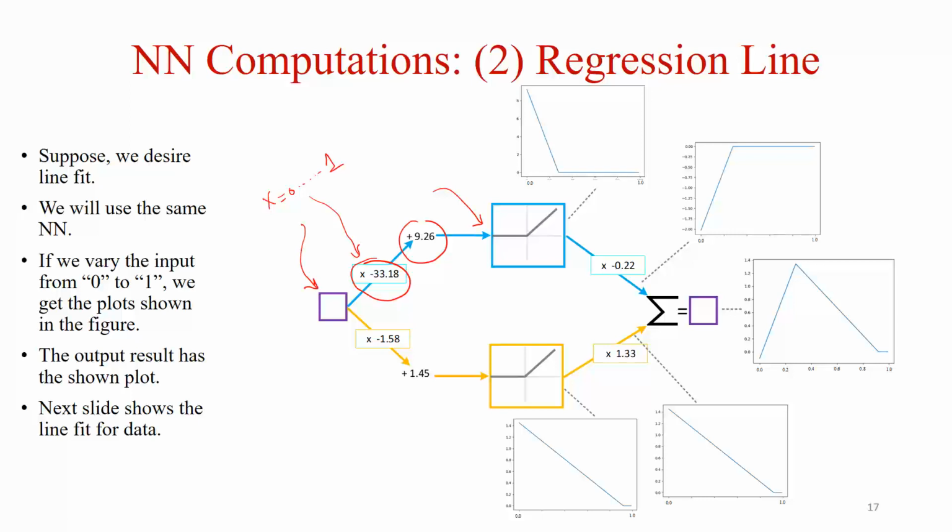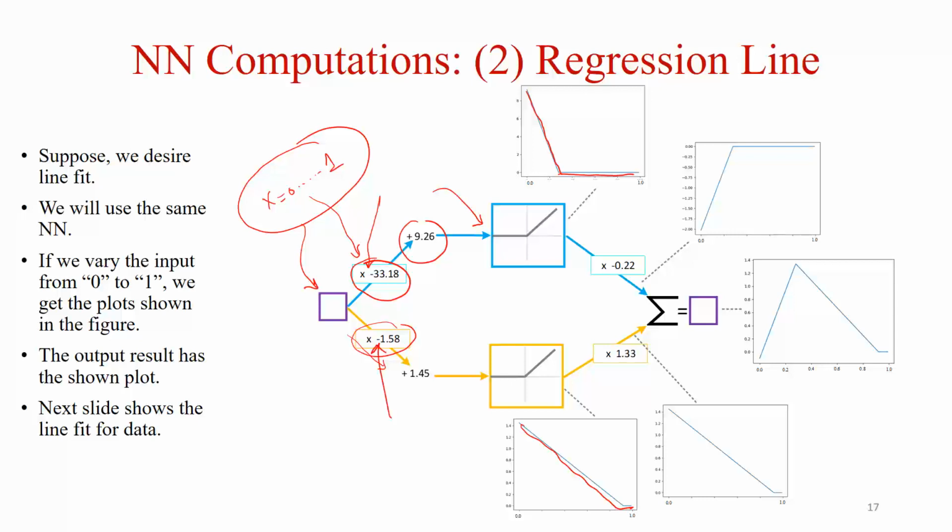We will see that we get this type of curve or plot. Similarly, on the other side of the connection, if we multiply the input, which we vary from 0 to 1, by this weight, and we add a bias, we'll have this kind of plot here. Now you can see that both of them are flipped because of the negative sign in the weight.